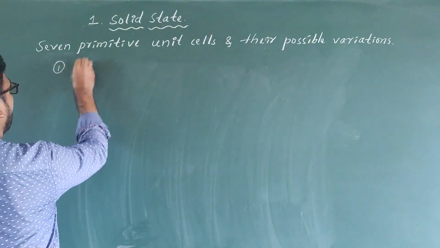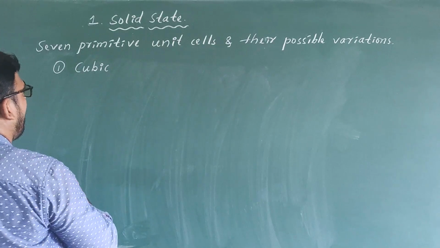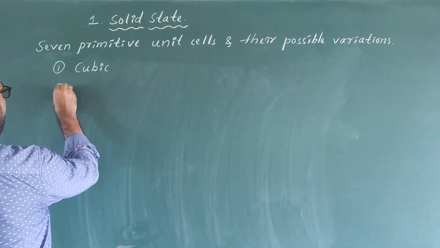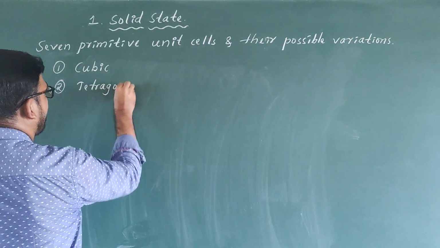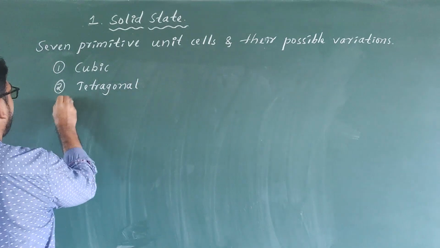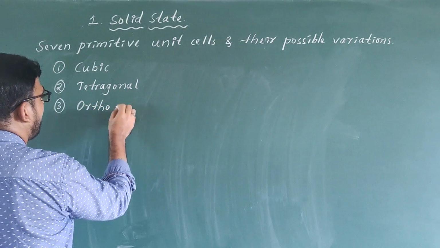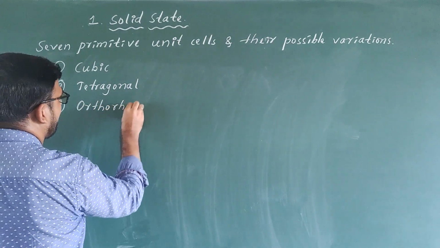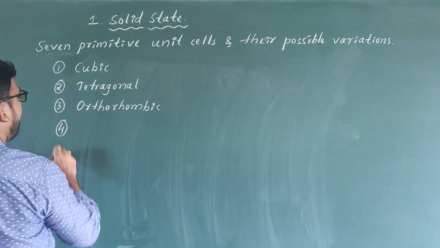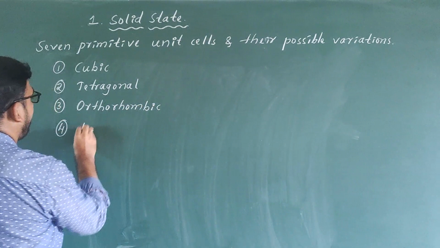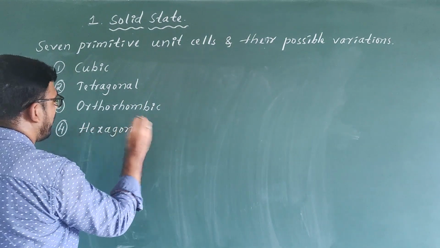The first one is cubic system or cubic unit cell or cubic primitive unit cell, and second one is tetragonal, third one is orthorhombic, and fourth one hexagonal.